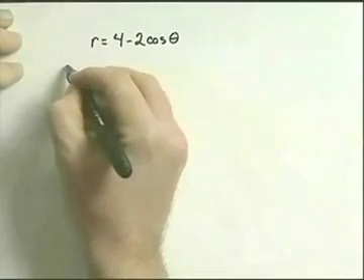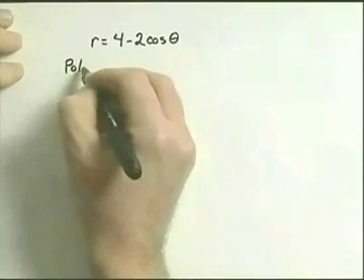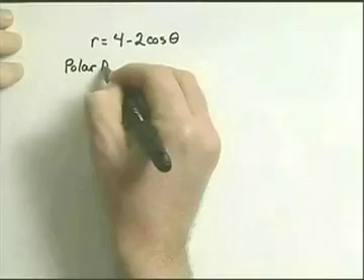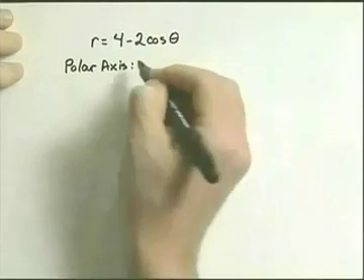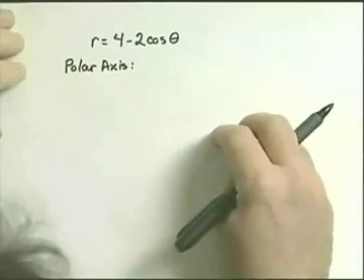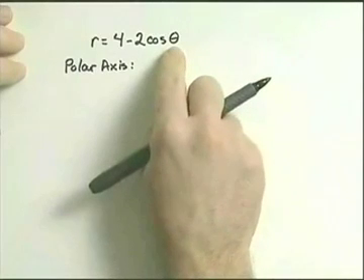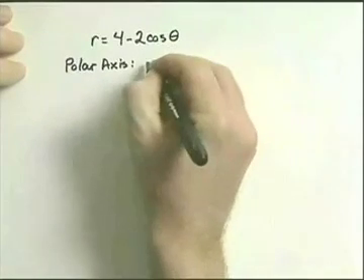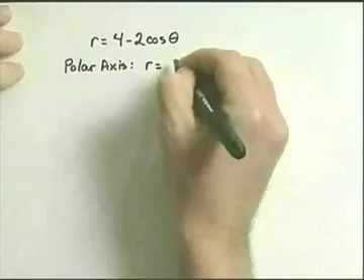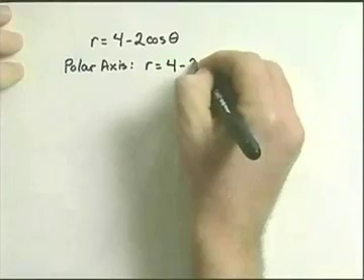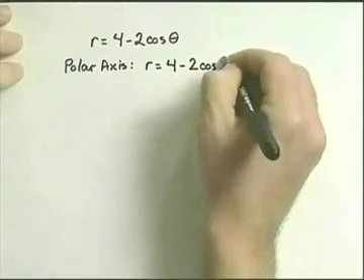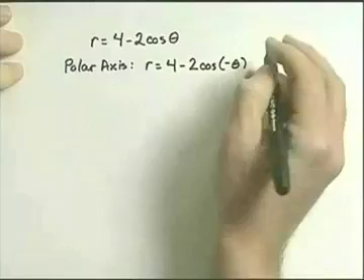One is we want to check for symmetry with respect to the polar axis. To check for symmetry with respect to the polar axis, what we do is replace theta by negative theta. So we get r equals 4 minus 2 cosine of negative theta.